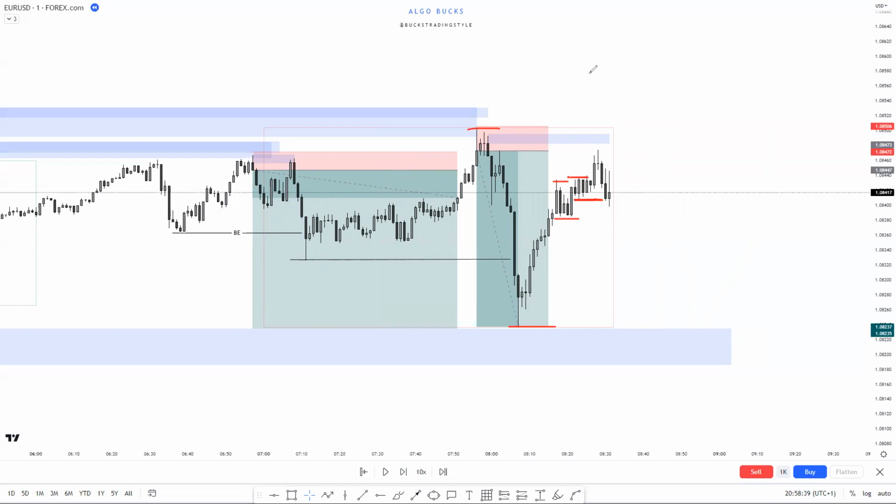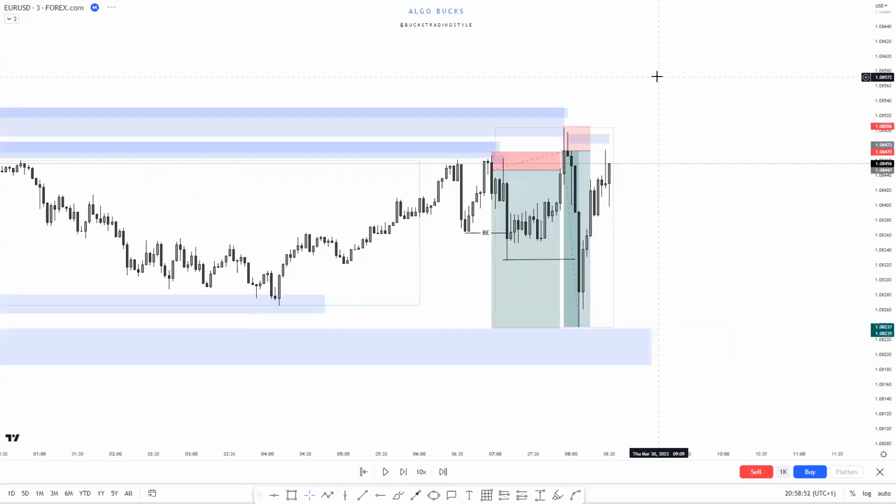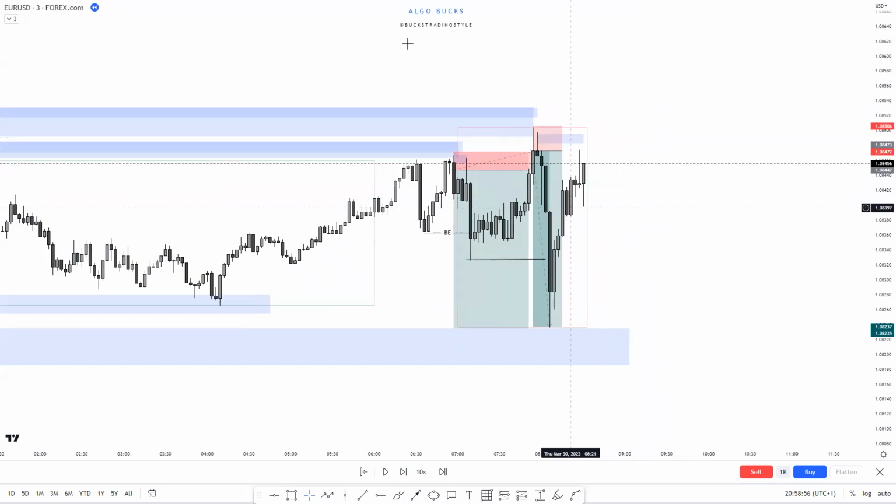Then let's see if there's anything interesting on the 3 minute time frame. On the 3 minute, let's mark out the structure points. We had this high to this low, this high to this low, and then this new high right here.